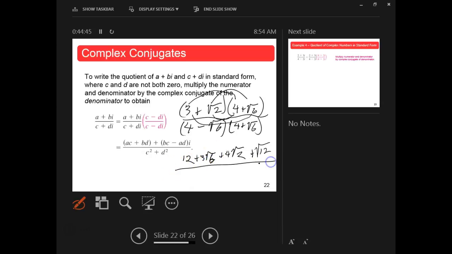Now, how about that denominator, though? 16. Minus what?